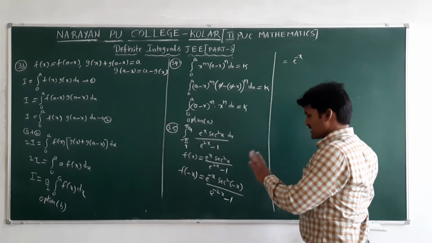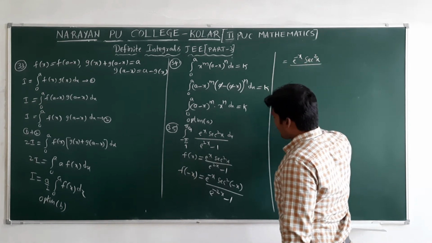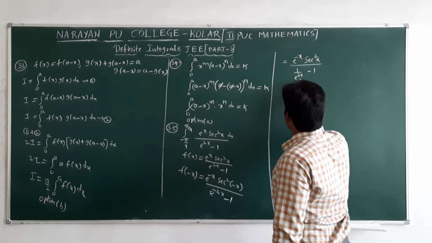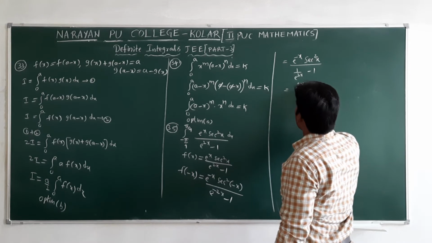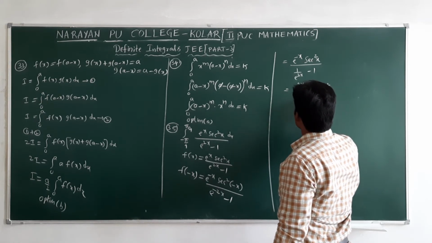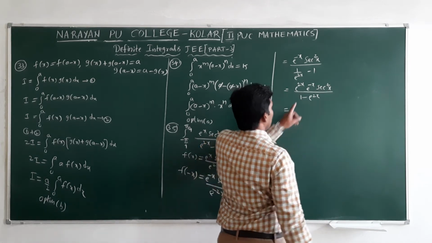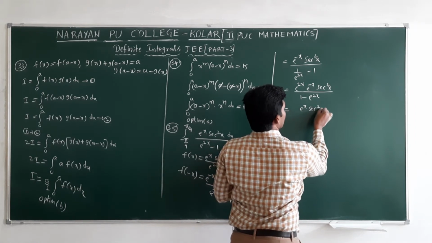Secant of −θ is secant θ, so that is sec²x. e^(−2x) I can write as 1 by e^(2x). e^(2x) is the LCM, so it comes to the numerator: e^(2x) into e^(−x) sec²x by 1 − e^(2x). e^(2x) into e^(−x) is e^x sec²x.